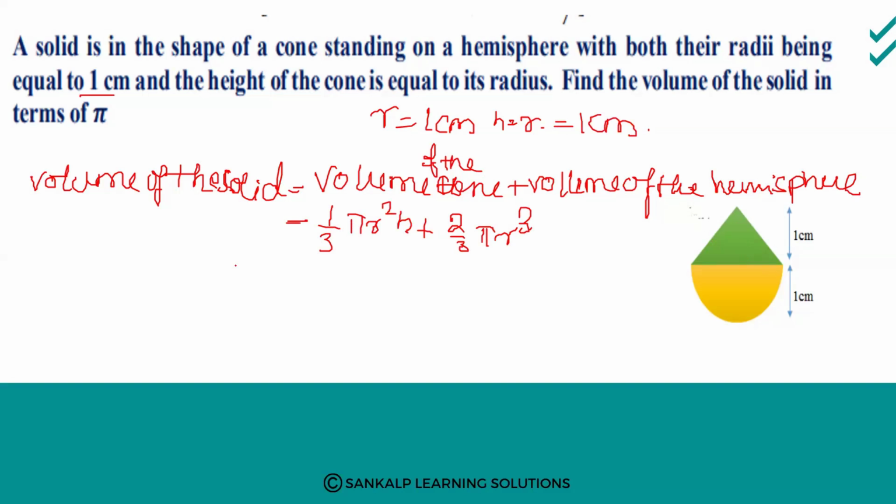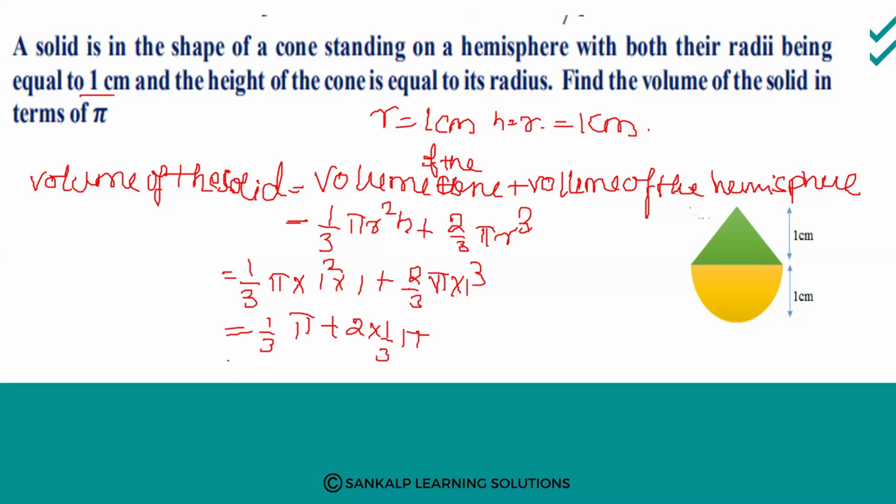So now 1 by 3 pi into r square, which is 1 square, into h, that is 1, plus 2 by 3 into pi into 1 cube. Okay. Now 1 by 3 pi into 1 square is 1 into 1, that is pi by 3, plus 2 into 1 by 3 pi. Right.